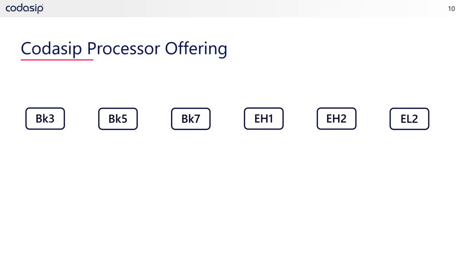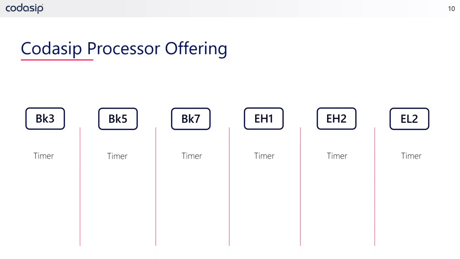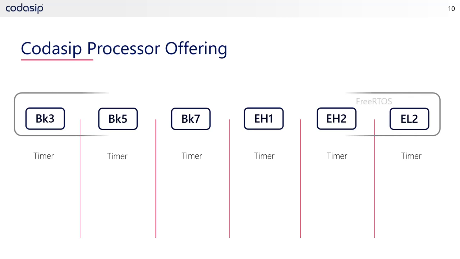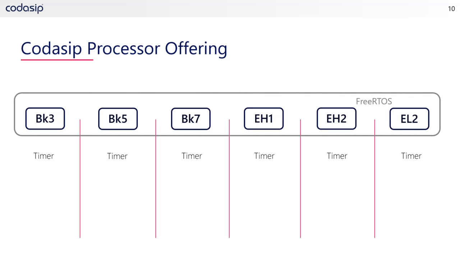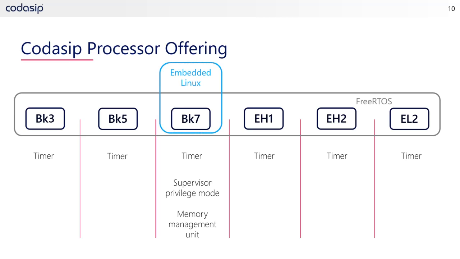All of the cores in the portfolio provide a timer. This makes all of them capable of running a real-time operating system such as FreeRTOS. Only BK7, however, provides the additional capabilities to run embedded Linux. This is why this core is the first Linux-capable core developed by Codasip.